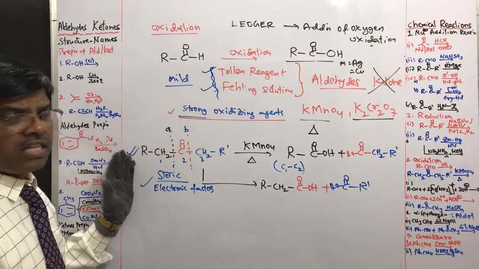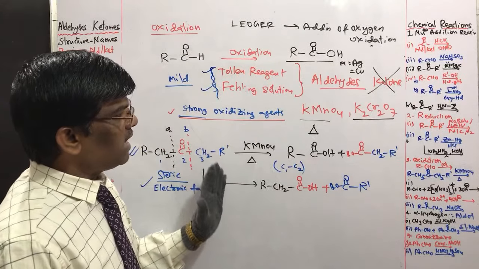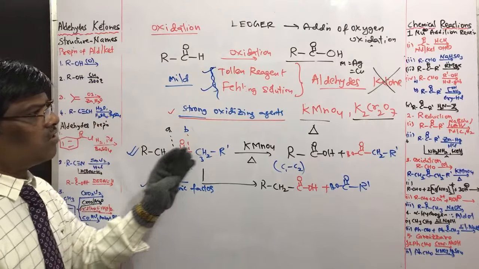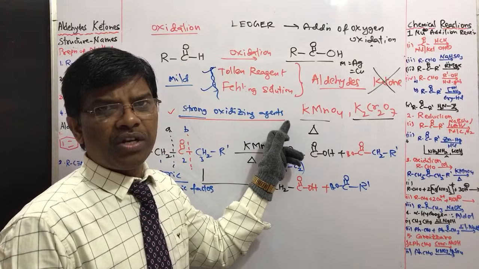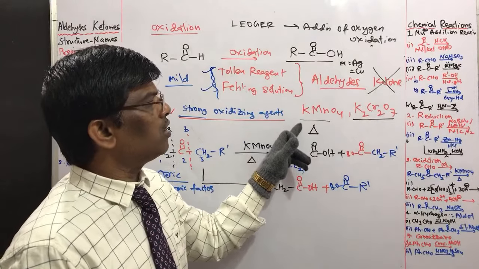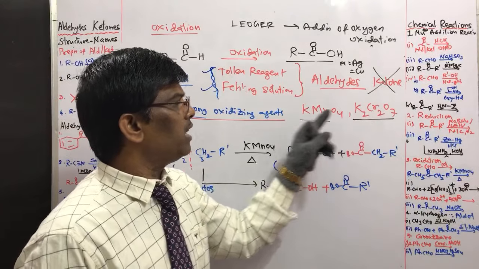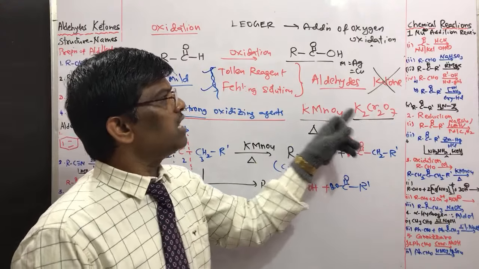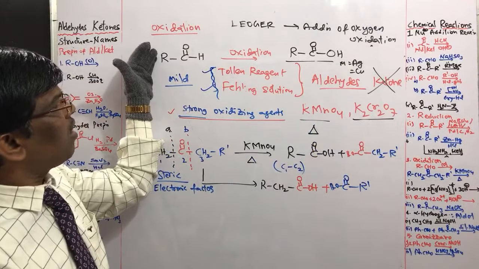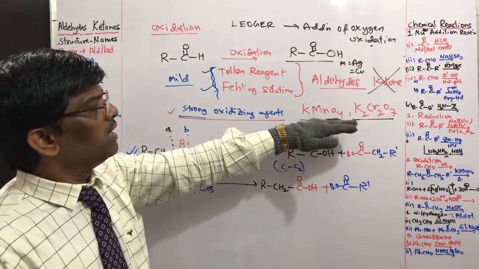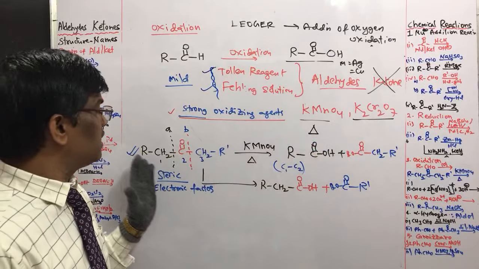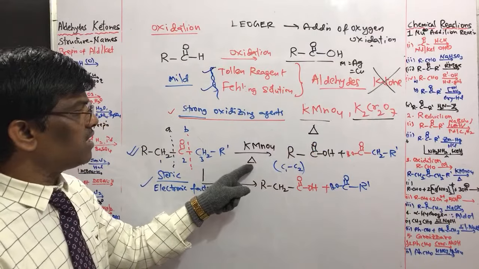Whereas ketones require strong oxidizing agents; of the strong oxidizing agents, we do not use HNO3. However, we come across KMnO4 and potassium dichromate. These strong reagents also oxidize aldehydes to carboxylic acids, and they are strong enough to oxidize ketones also under heating conditions.